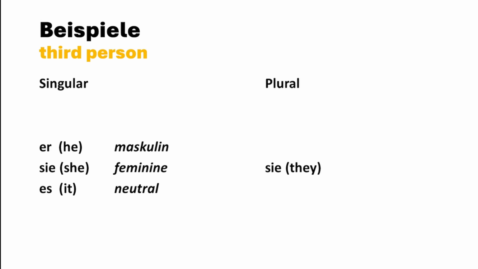In plural, it would also be sie, they. Also always spelled small unless at the beginning of a sentence. For example, er, sie, es ist alt. Or sie sind alt. And the sie is spelled big because it's the beginning of the sentence, but again, otherwise it's always spelled with a small s.